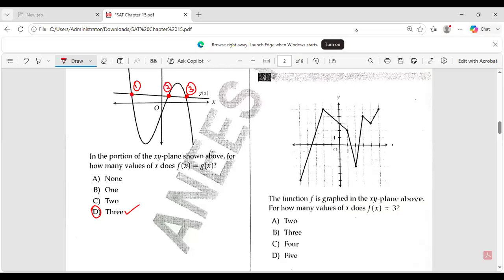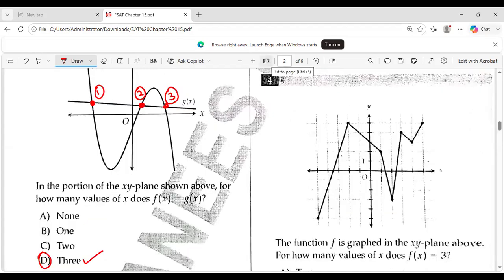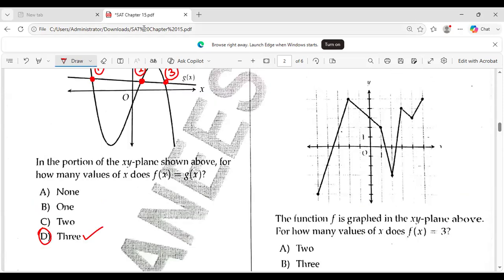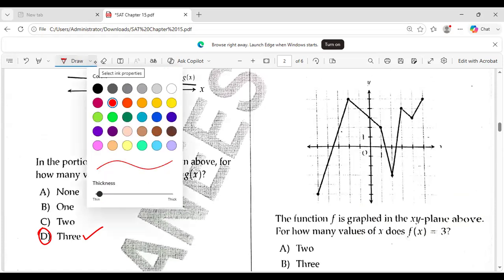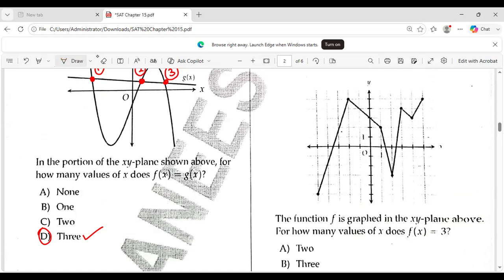Now all three of you try to solve question number 4 and let me know the value of x. How many values of x does f(x) equal 3? So guys, what is the answer?